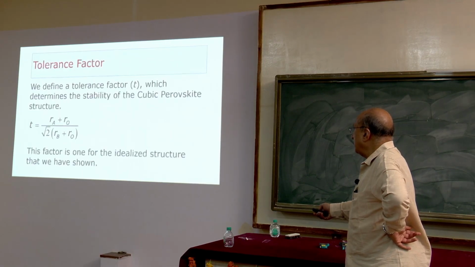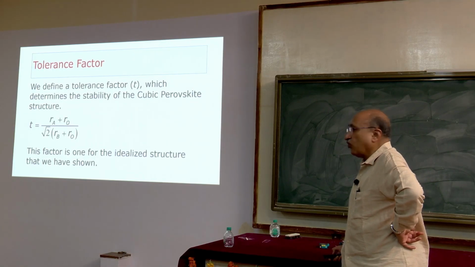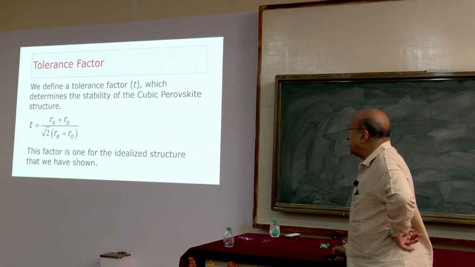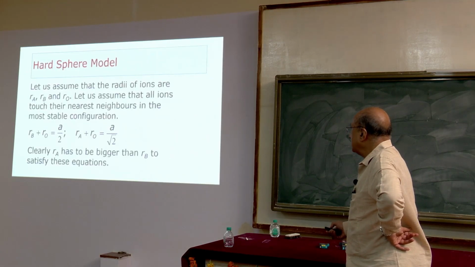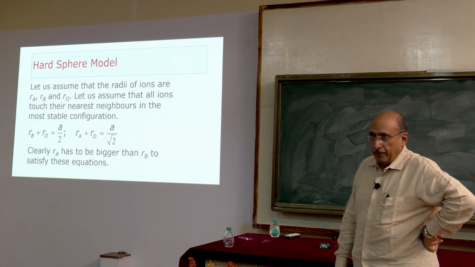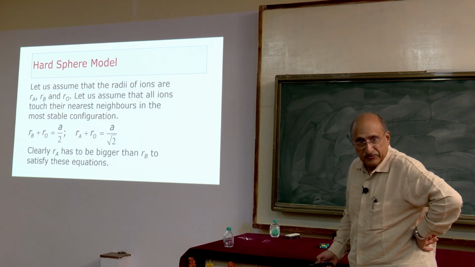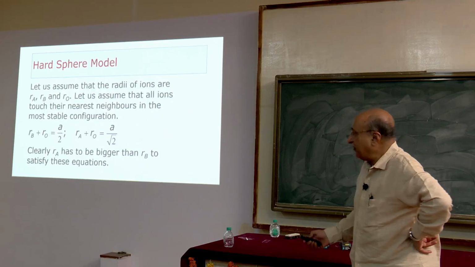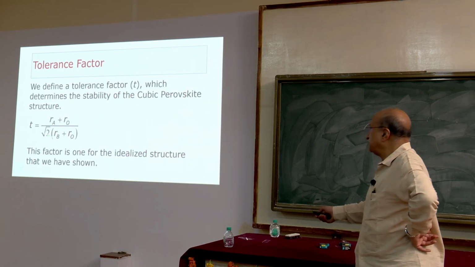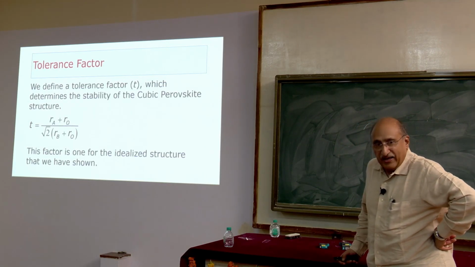This divided by this is what is called the tolerance factor. For the most stable structure, this should be equal to 1. This is from the equation. You have read these two equations, you will get 1. This factor is 1 for the idealized structure.